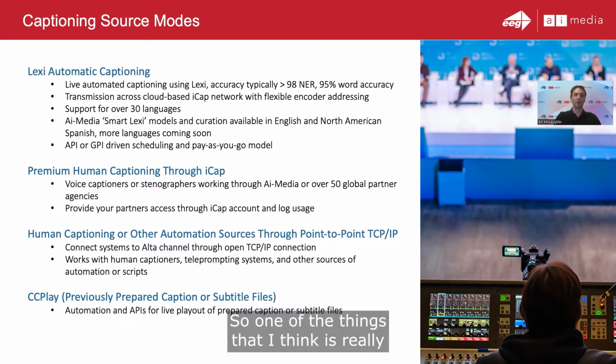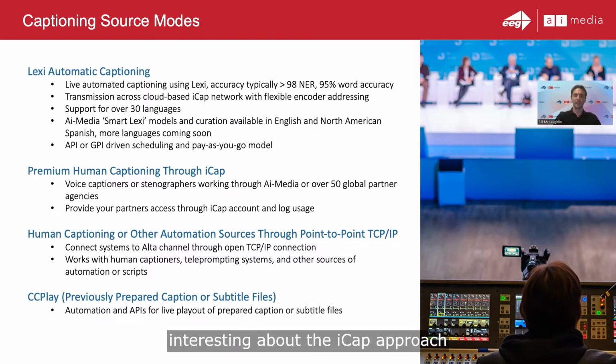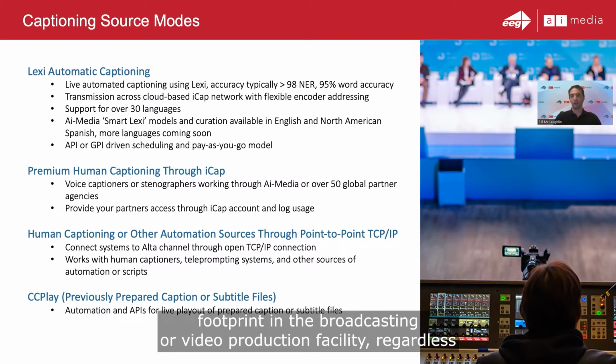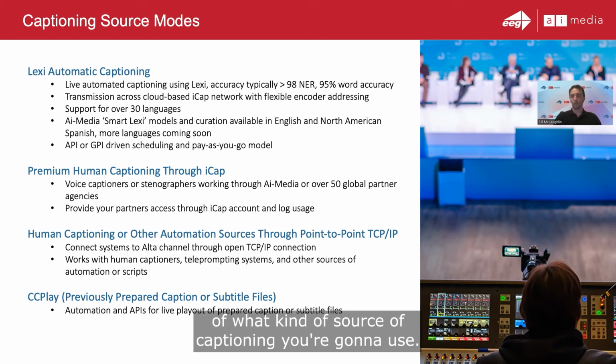One of the things that I think is really interesting about the iCap approach is that it creates a situation where you have the same technology footprint in the broadcasting or video production facility, regardless of what kind of source of captioning you're going to use.